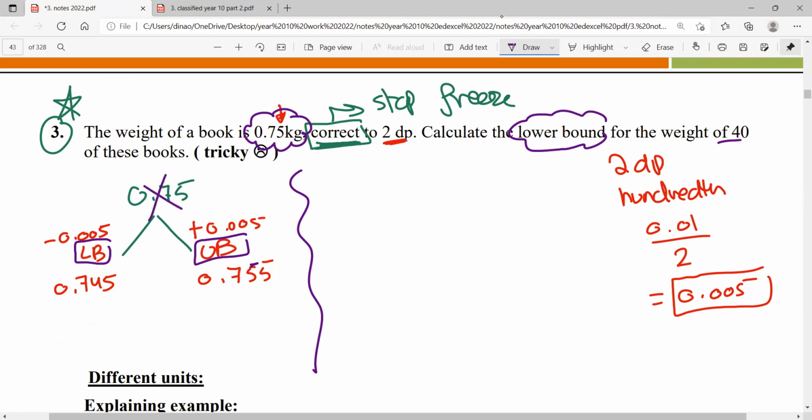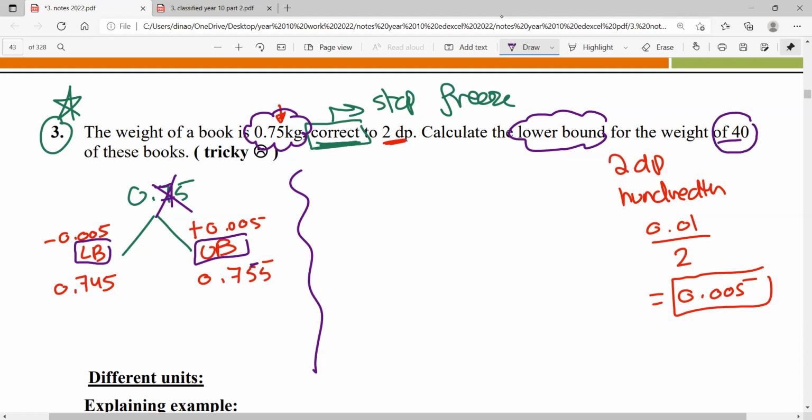I will not use the original in the question anymore. So again, after you read the word correct, you find the bounds, and خلاص you ignore the original value, you don't need it anymore. After I read the word correct, I stop, I freeze, focus original.